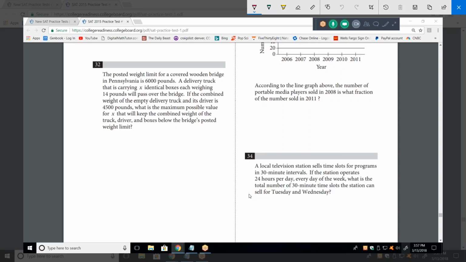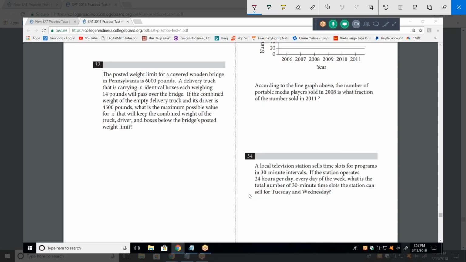What is the maximum possible value for X that will be a combined weight of the truck driver and boxes? Each box weighs 14 pounds. So what can the boxes weigh? Well, the truck and its driver weigh 4,500 pounds without any boxes in it.